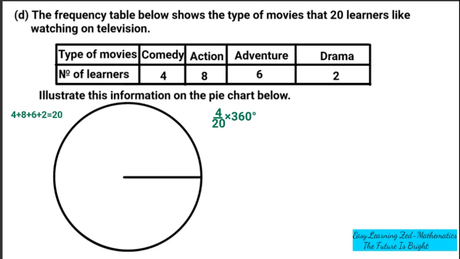We're trying to simplify, or in other words, we want to get rid of the fraction. I will start by cancelling the 0, so 0 down and 0 on top. Then we remain with 36 on top and 2 down here. So I can divide 36 by 2, or I can also divide 4 by 2.